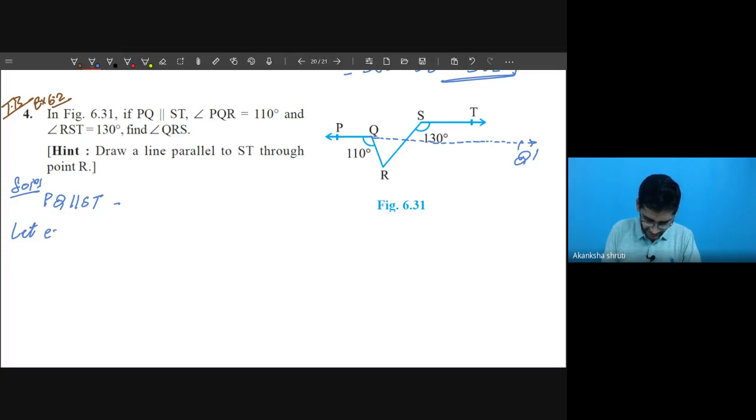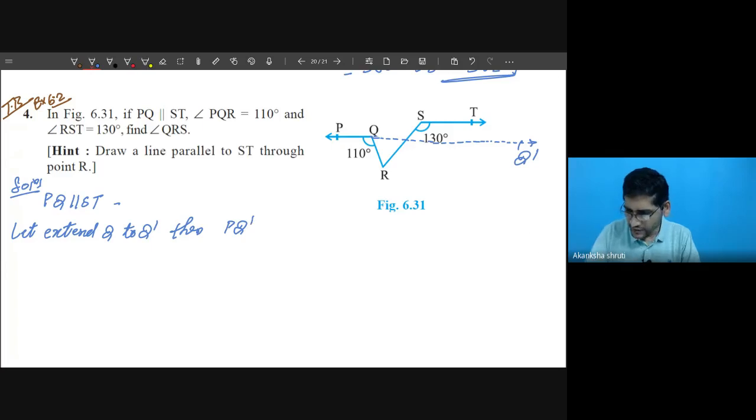Let us extend Q to Q dash. Then what is this? This new point Q dash is parallel to ST, and in this case what we are getting, SR is a transversal.